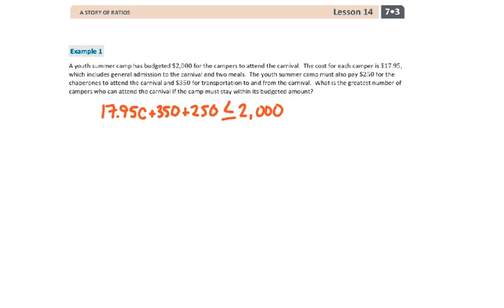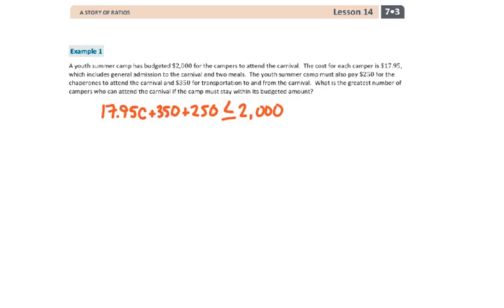So we have this inequality that says $17.95 per camper plus $350 plus $250 has to be less than or equal to $2,000. We're asked how many campers can attend this carnival.